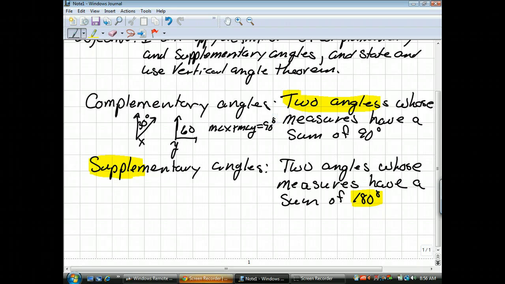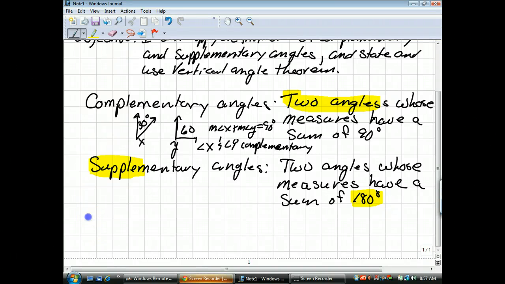And therefore, by definition, X and Y are complementary angles. So X is the complement of angle Y, and Y is the complement of angle X.